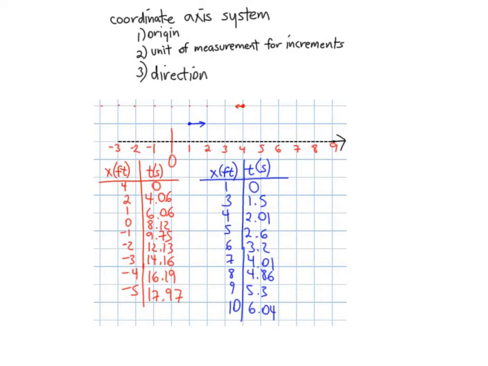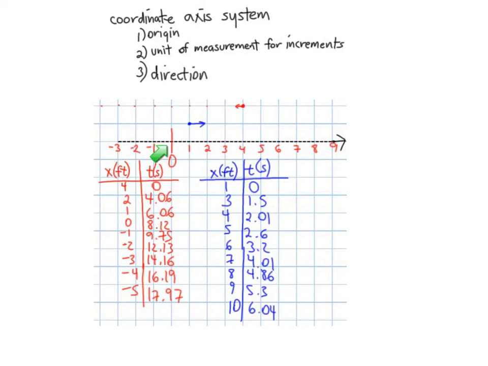The students in my class help collect data for two cars, a blue car and a red car. And here you see the data that was collected. I have a picture here of a number line, and it has the three components of the coordinate axis system that we just talked about.